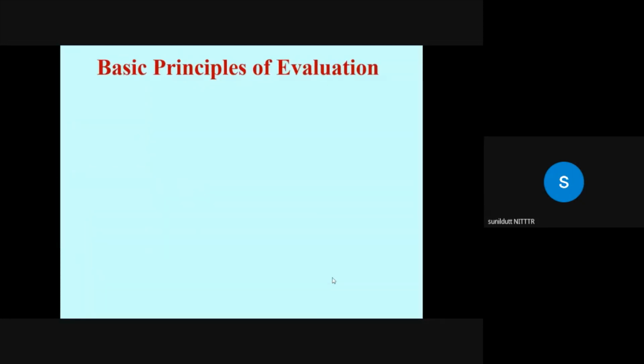Now coming to the basic principles of evaluation, that is before you evaluate the student performance, you need to know the basic principles. उससे पहले आप जो है evaluation जो है अगर करते हैं तो हो सकता है कि उसमें कुछ कमी रह जाए. So as a teacher, you need to know the basic principle. First is you need to be aware about the purpose of evaluation.